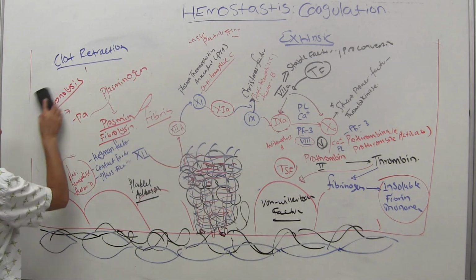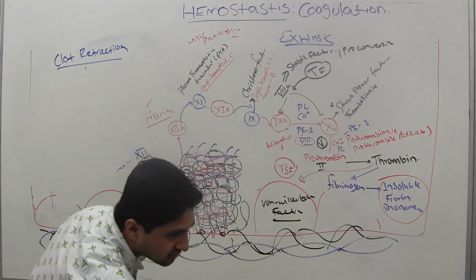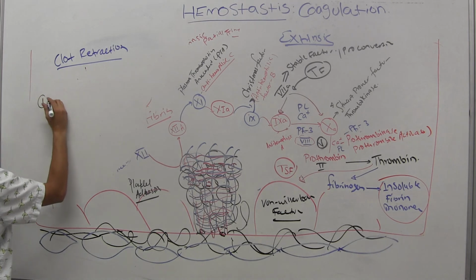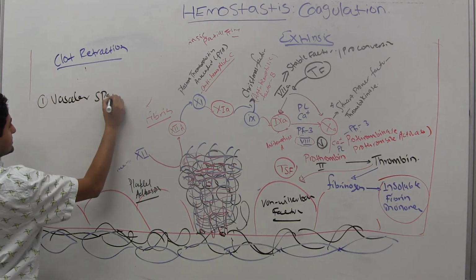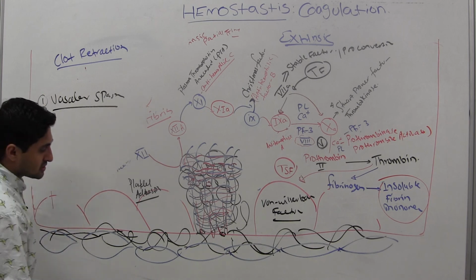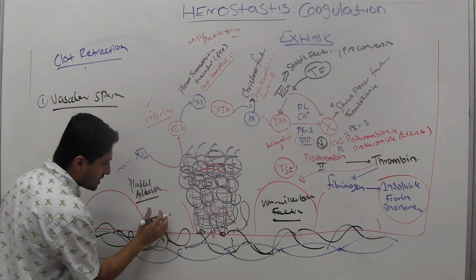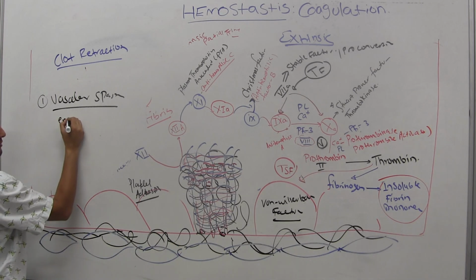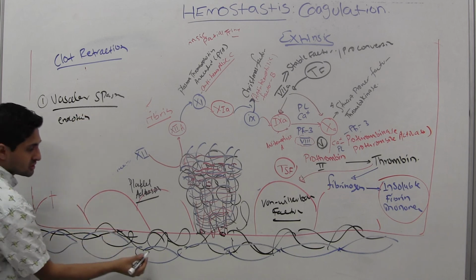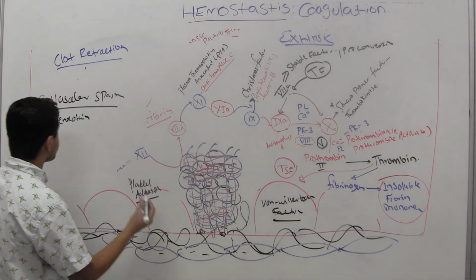Let me quickly talk about this, and then hopefully you can tie it back. Let me just write this down: vascular spasm. What that means is that whenever there's damage, there are nearby nerve endings, and the healthy endothelial cells release something called endothelin. The endothelin goes to the circular muscles, and it causes contraction, okay? That's what it does.